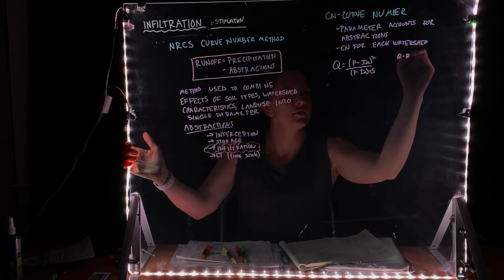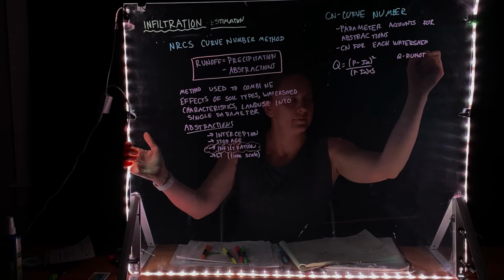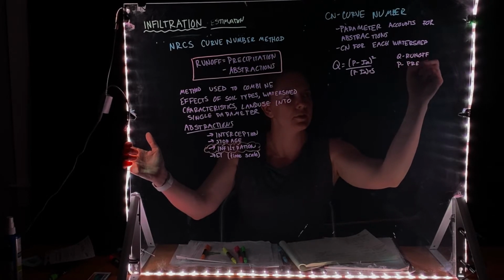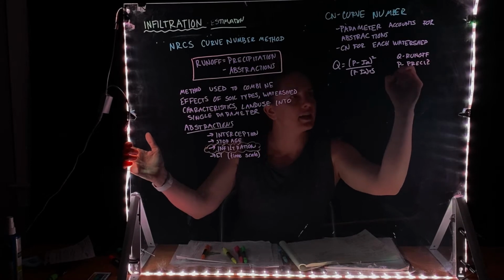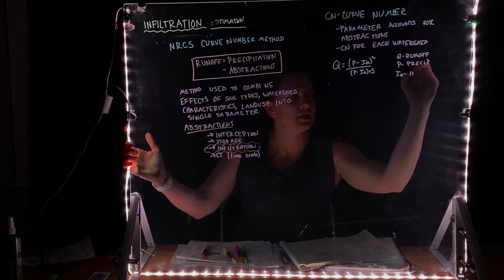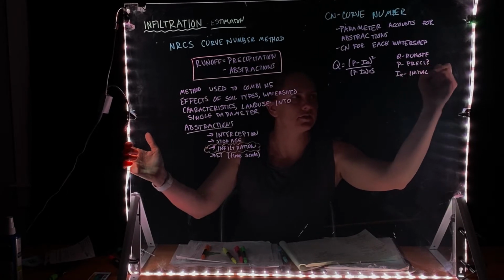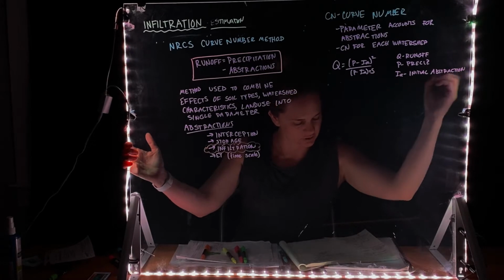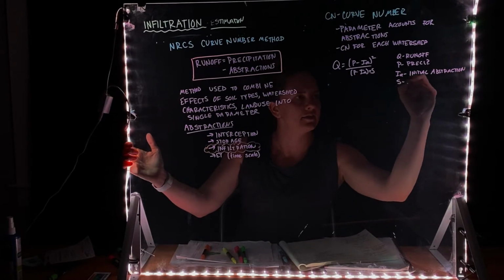Q is runoff. P is the input, the precipitation from the particular event. IA is the initial abstraction that occurs. So this is going to be a lot of that interception and storage that occurs. And then S is a maximum amount of retention that might occur.